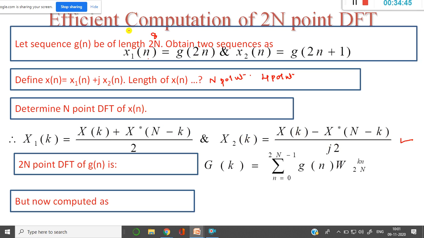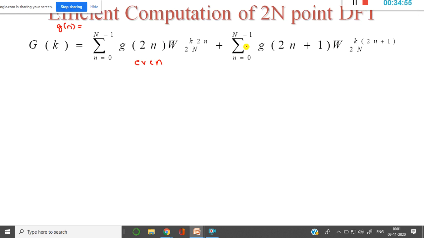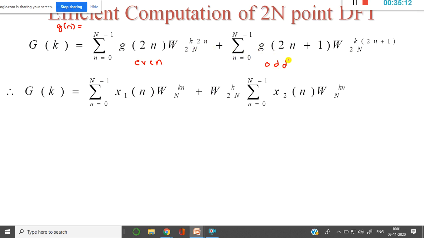Now the thing is, once you obtain this x1 and x2, you need to combine them so that you are going to get g of k, which is of 8-point sequences. That's it. So for g of k, we try to write this in the form of odd and even sequences in this form, right? So this you already know how we write these equations from the previous class knowledge.